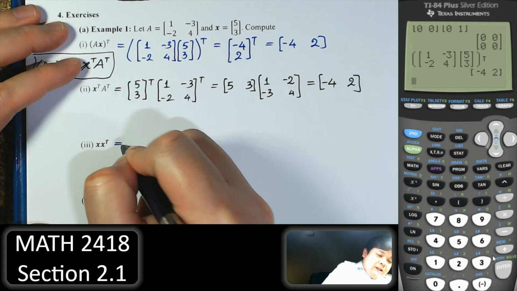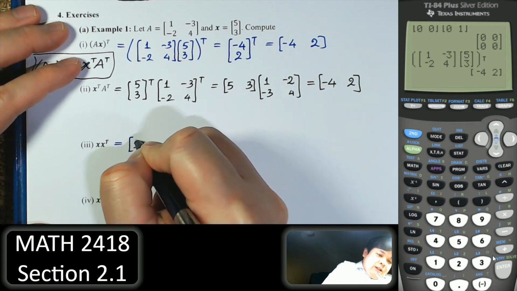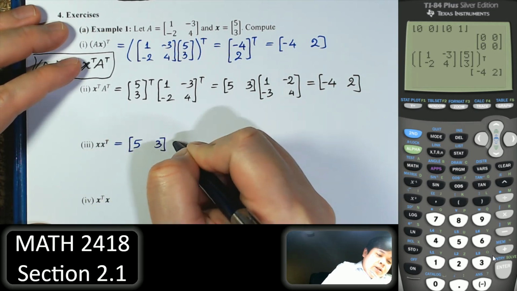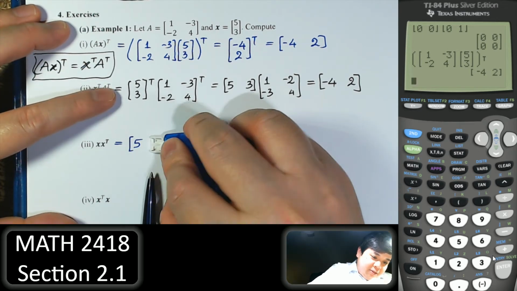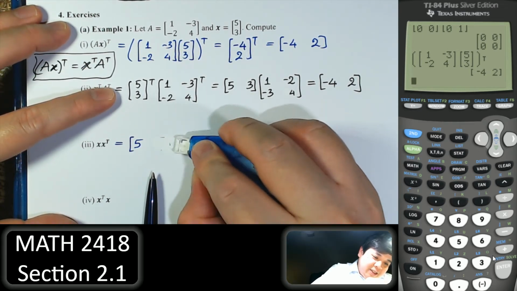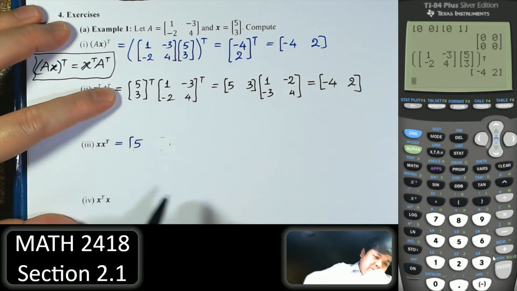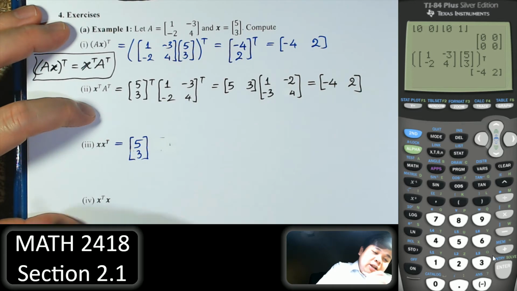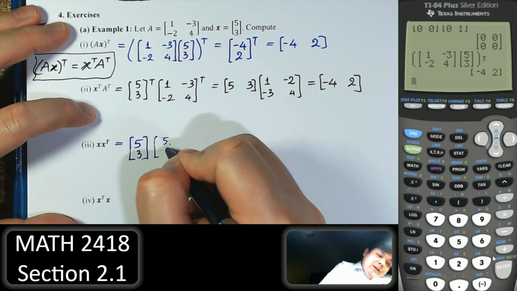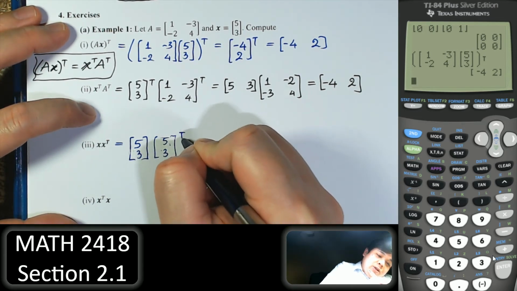X is 5, 3. Sorry. X is the column vector 5, 3. And then 5, 3 again, but with transpose.